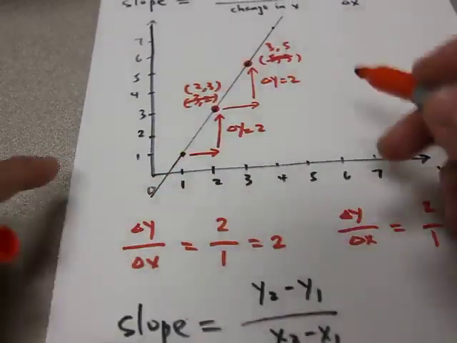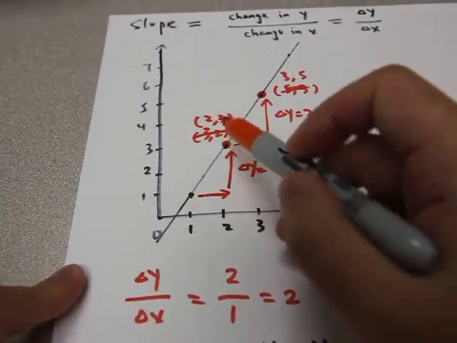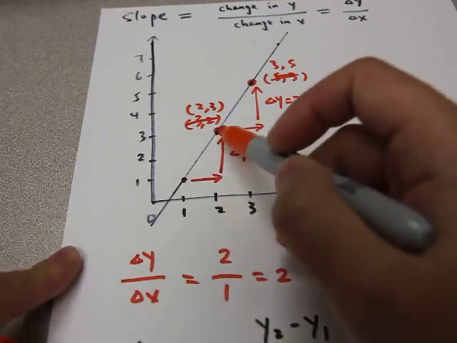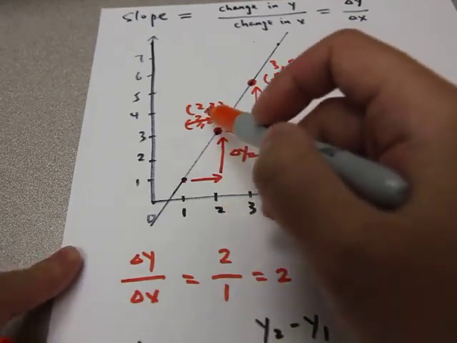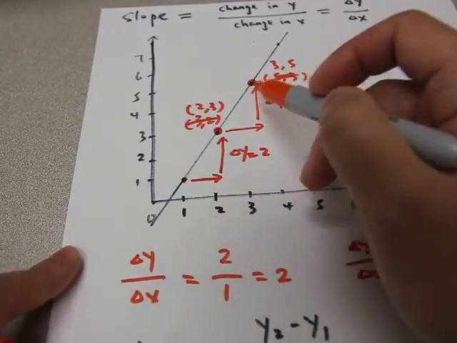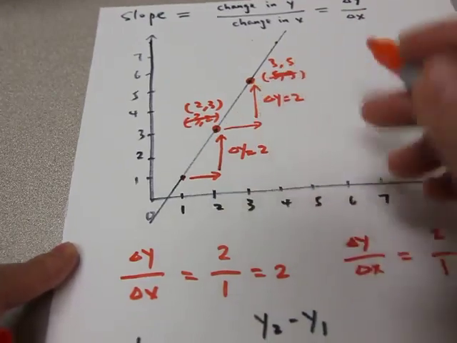For example, we know this point has coordinates 2, 3, and at this point the coordinates are 3, 5.